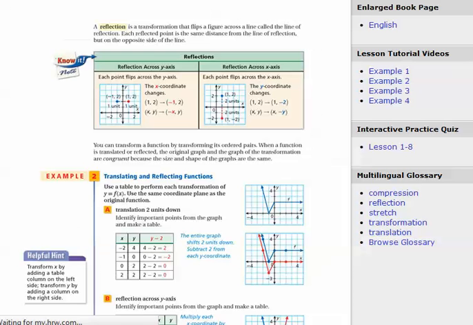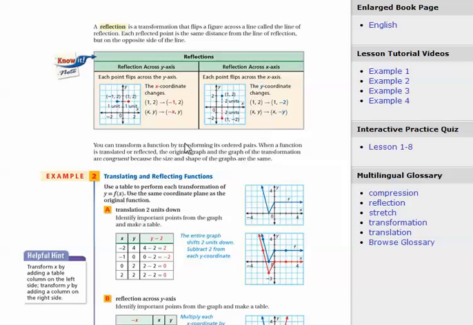Then we have what's called a reflection. A reflection basically is flipping the figure across a line. It's across the x-axis or the y-axis typically, but it can be other places. And we have a reflection across the y and a reflection across the x. Again, notice what happens to the x's and y's in each case.